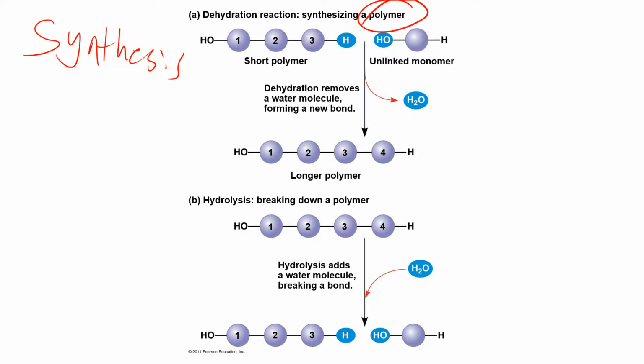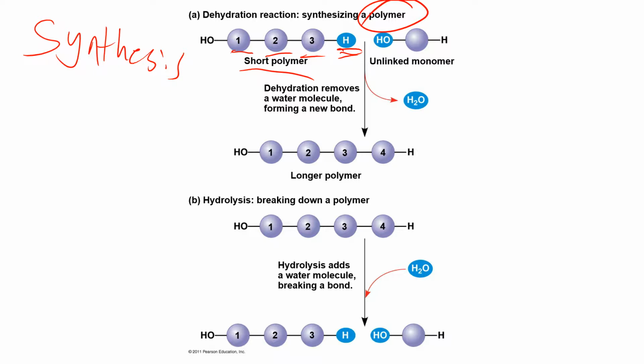Here you're given an example where you have 1, 2, 3 monomers that are linked together, so they form a short polymer. At the very end of your polymer, you have this little bitty hydrogen atom that is sticking out.